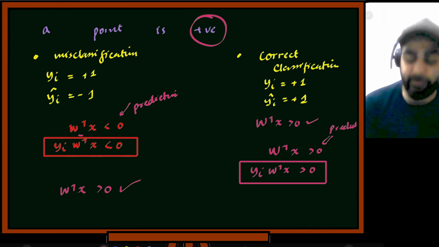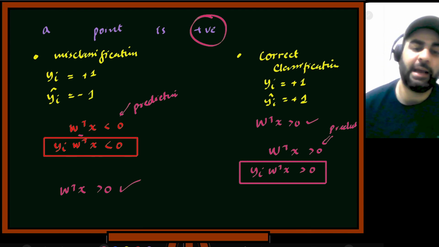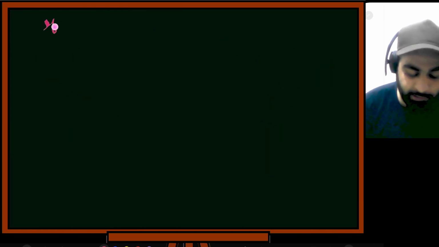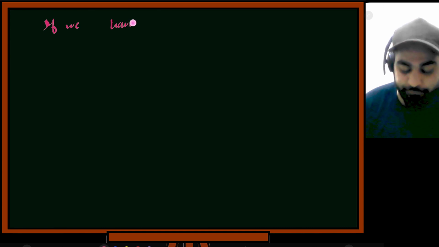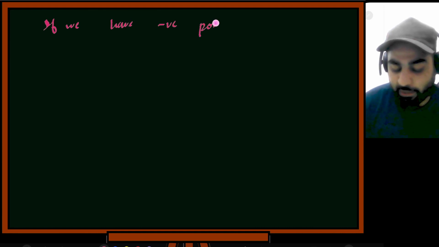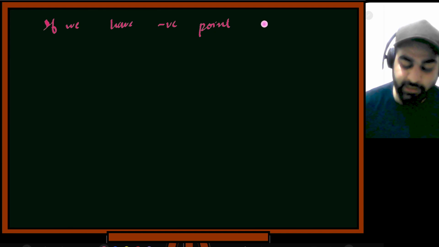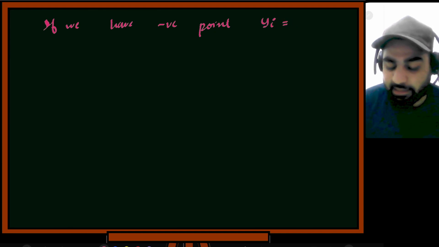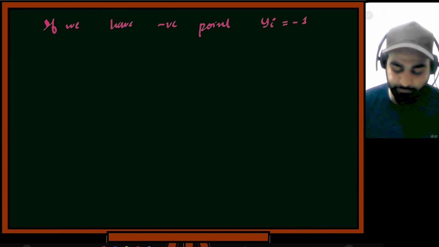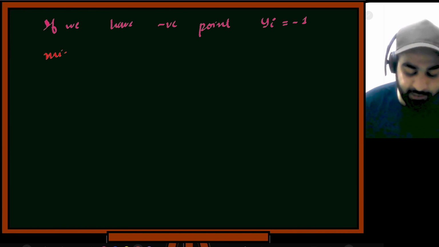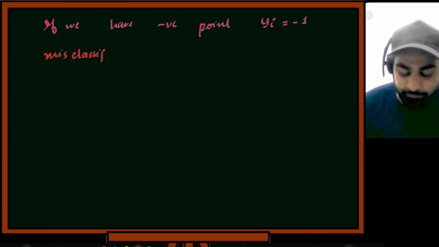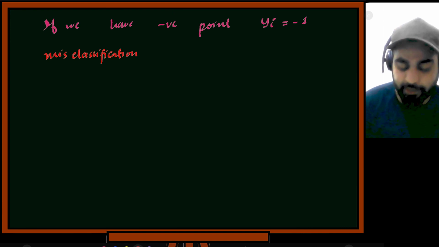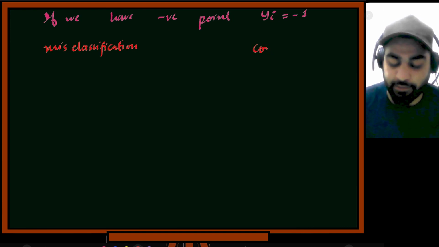Now let's do the same treatment for the negative point, and we'll see a pattern there. Let's suppose we have a negative point. What is possible there? Basically yi, the label here, is -1. Here there can be misclassification, or it can be correct classification.